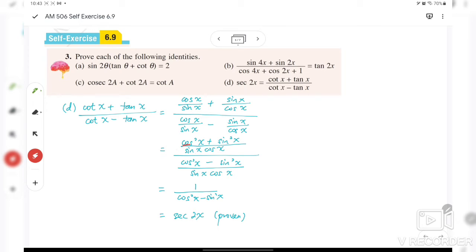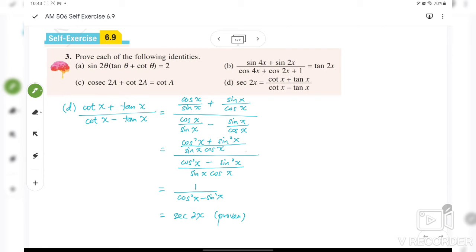So we'll get cos square x plus sine square x over sine x cos x. Below, same thing, the first fraction will times cosine x and the second fraction will times sine x. So for the first fraction down here, we'll get cosine square x minus the second fraction, sine square x, over the common denominator of sine x cos x.